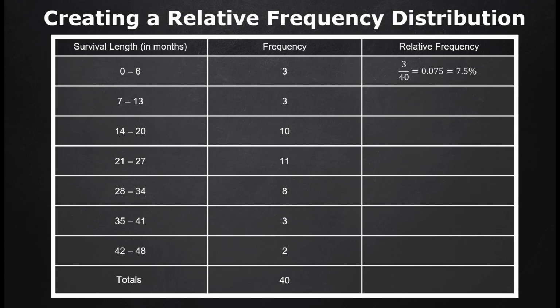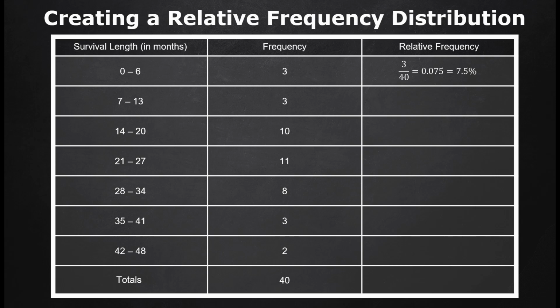Also, you can write it as a percentage by multiplying by 100%, so you get 7.5%. You can use any of these: the fractions, the decimals, or the percents. Decimals and percents are a little more useful here, so I'd recommend using either of those two. I prefer the decimals, but I'll include all three just for this example.